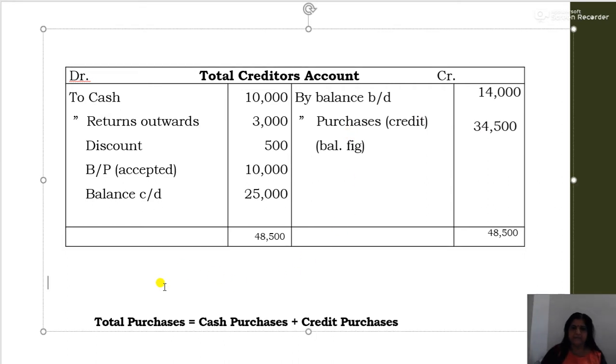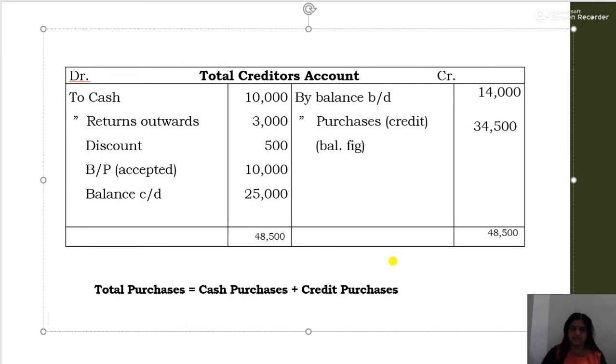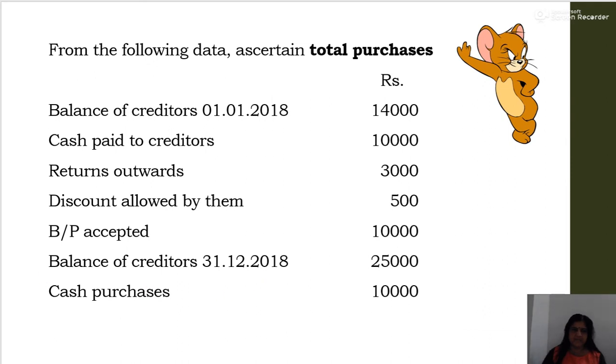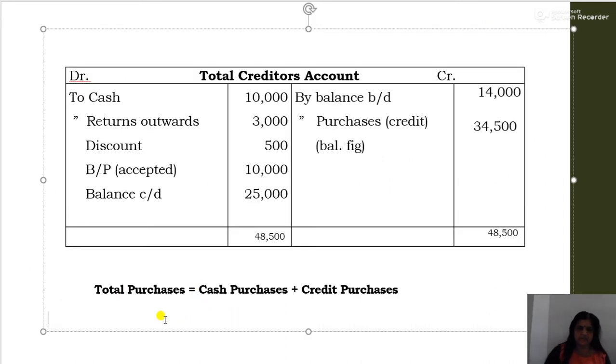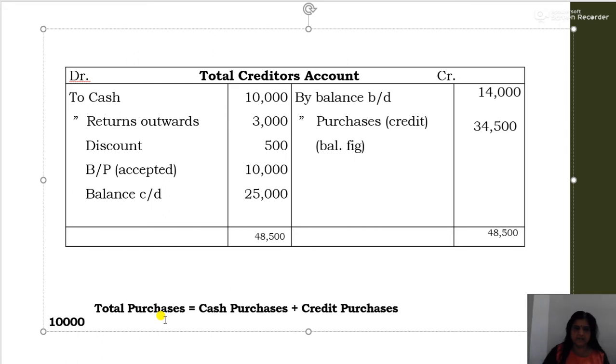Now here we will write: total purchase is equal to cash purchase plus credit purchase. So the cash purchase is 10,000, plus credit purchase is 34,500.